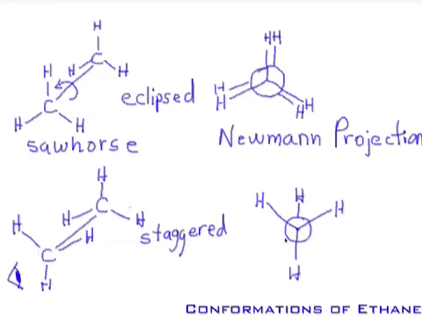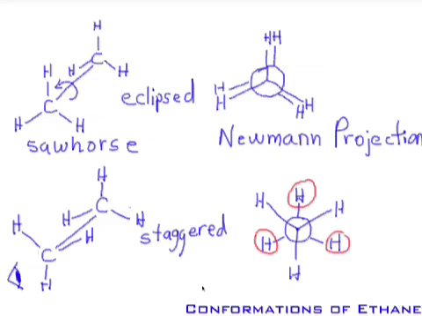Notice that. There you go. Why don't I circle the hydrogens in back just so they're clear. Circle them in red. So here's one. Here's the other. These are hydrogens attached to the back carbon. They're staggered in between the hydrogens on the frontmost carbon.